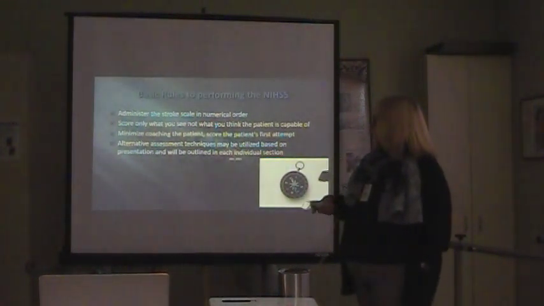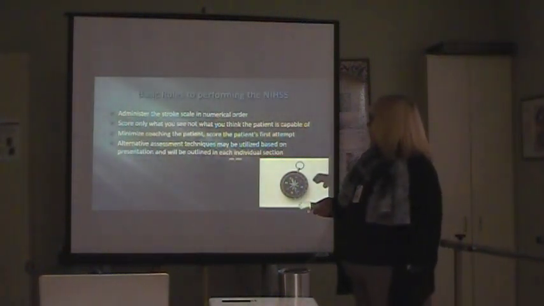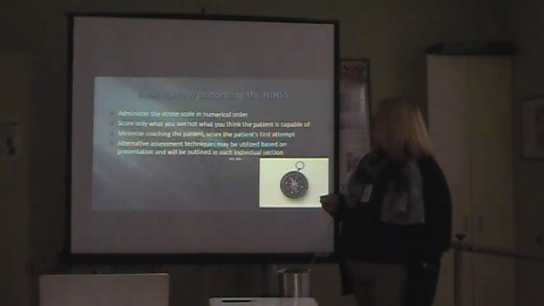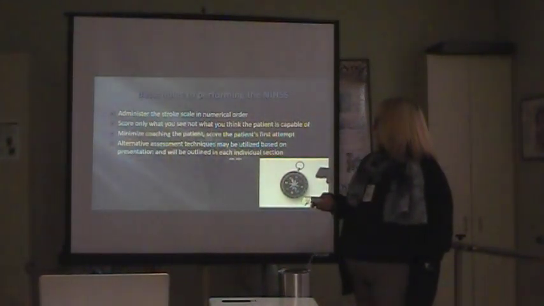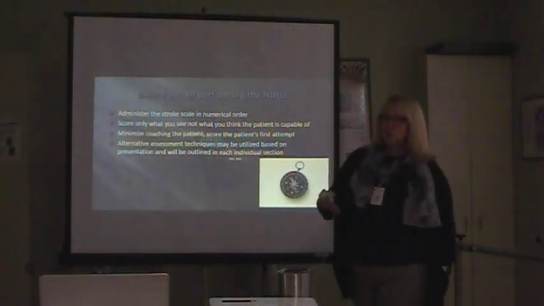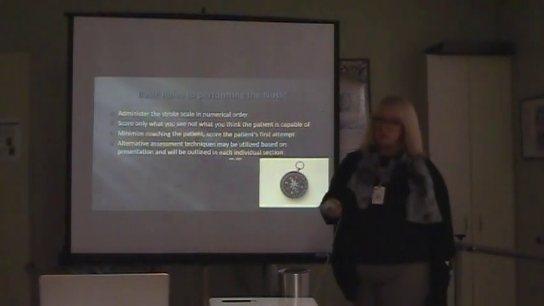You want to minimize coaching the patient. You only want to score their first attempt. And then there are some alternative techniques that may be used to elicit a response from a patient, and we'll go over those in each individual section.